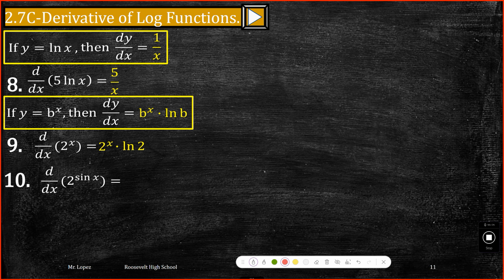d dx of 2 to the power of sine x. This is a little more complicated. The derivative of b to the power of u, where u is another function, would be b to the power of u times ln b times u prime, the derivative of that power.